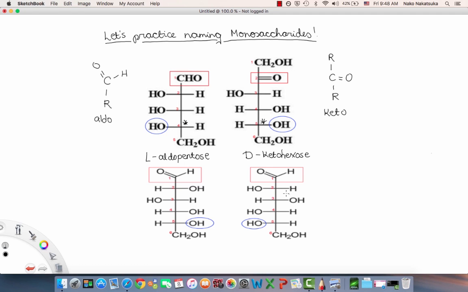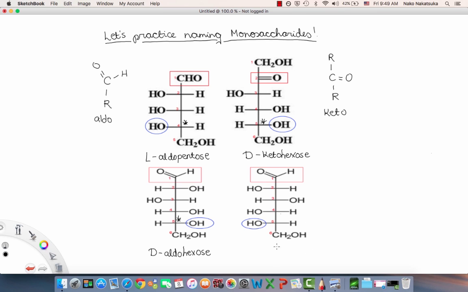Now let's look at these two molecules. When you first look at it, they kind of look similar, right? That's because they actually have the same molecular formula. But we have to look closely in order to designate the names. So in this case, we have 6 carbons, and thus we know it's going to be a hexose. It also has an aldehyde group up here, so we know it's going to be aldohexose. But since the OH group on the last stereocenter is on the right, it's going to be D-aldohexose.